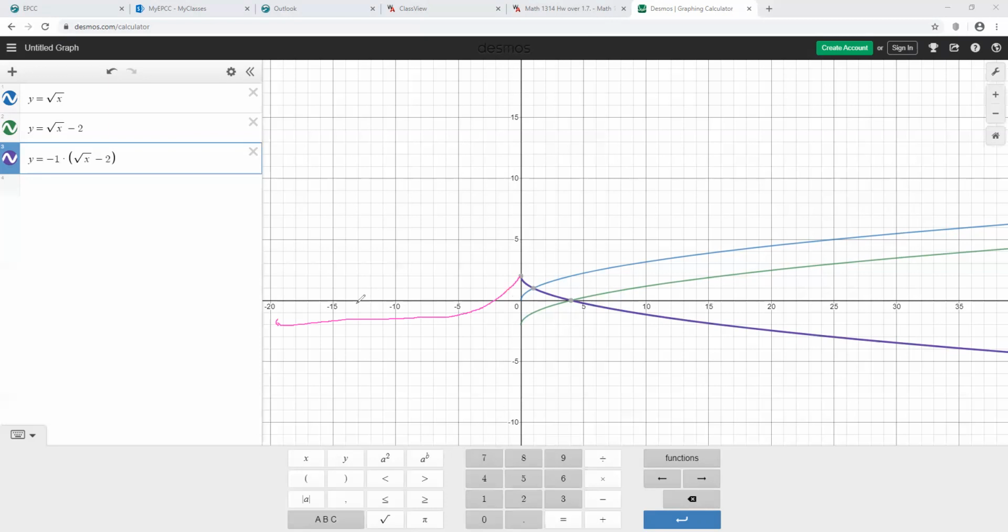Yeah, Megan, what kind of multiplication do we have to do for that? -1, but it's going to go inside the parentheses with the x. Okay, so right here times, oops. And there we go.